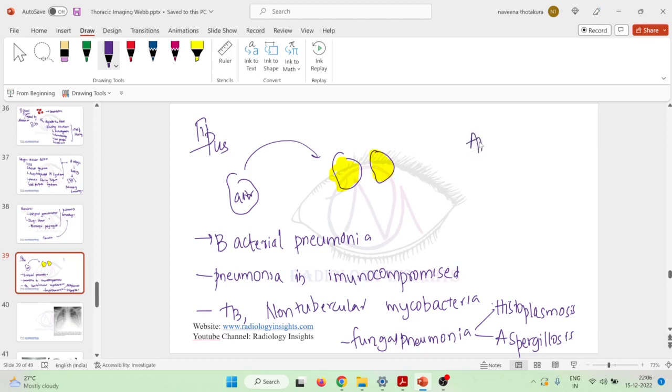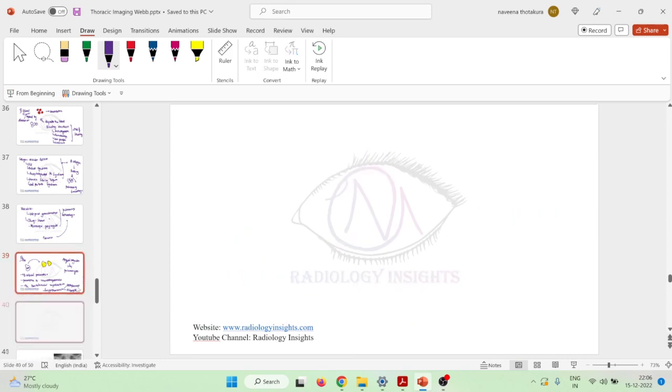Then we have certain atypical organisms which can cause consolidation, like viruses and pneumocystis, which can also fill the alveoli, replace the alveolar air, and cause this consolidation.